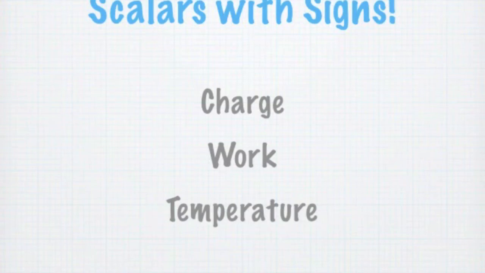It's just a way of orienting a certain temperature with respect to the standard that is based upon the freezing point of water. So we know that negative 10 degrees Celsius means that that's 10 degrees below zero, and positive 10 degrees is 10 degrees above zero. So scalars can have signs, but those signs do not indicate direction.